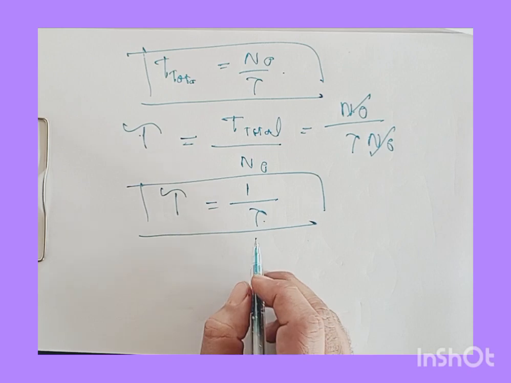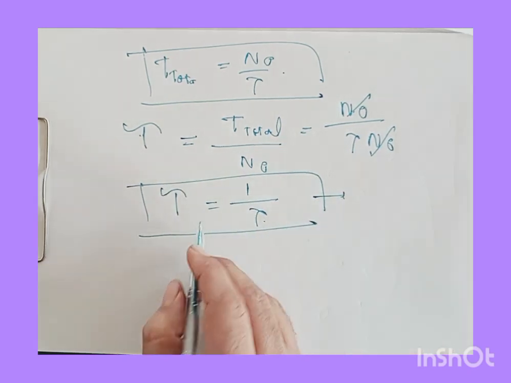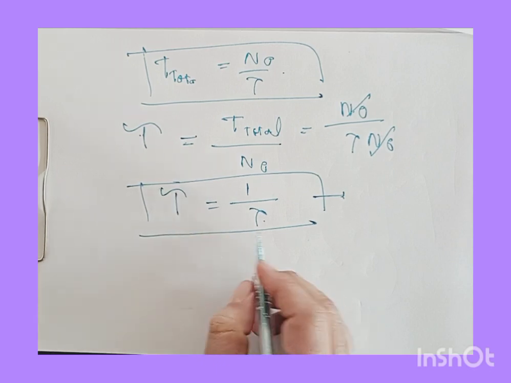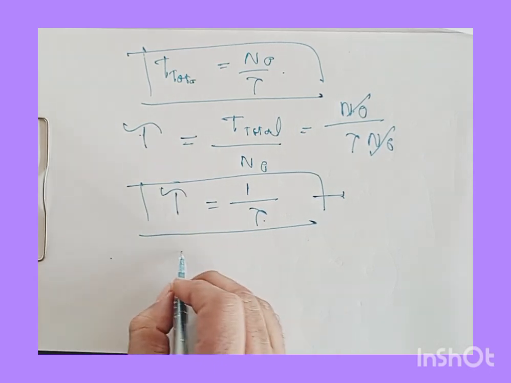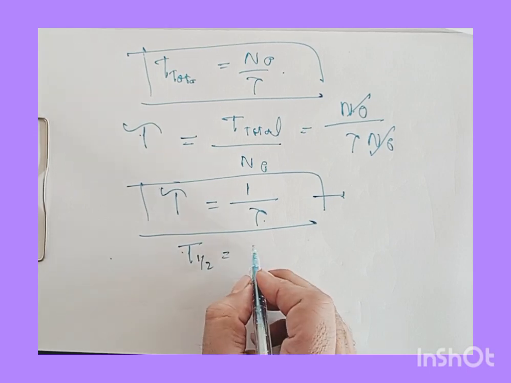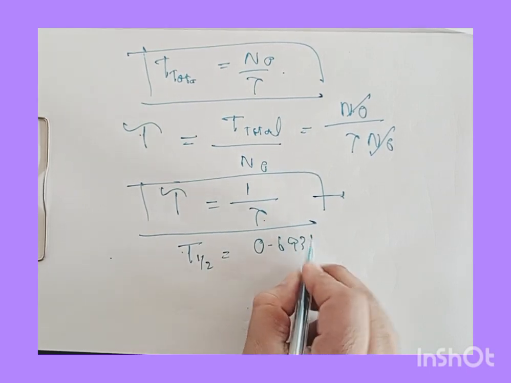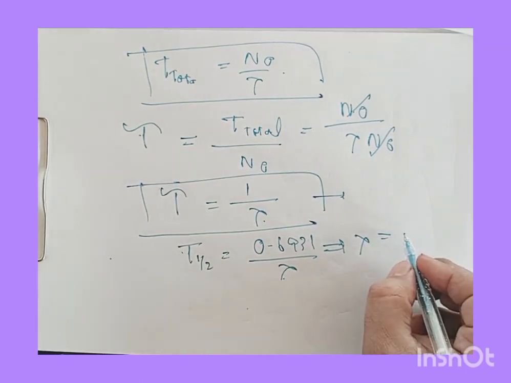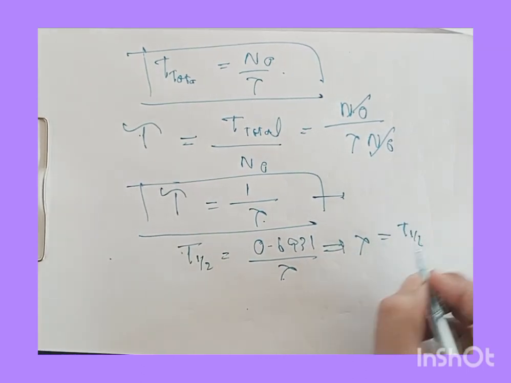And I can also generate a relation between this average value and half-life. Here I can proceed with what I have: T half. Half-life is 0.6931 by lambda. So that implies lambda is 0.6931 by T half.